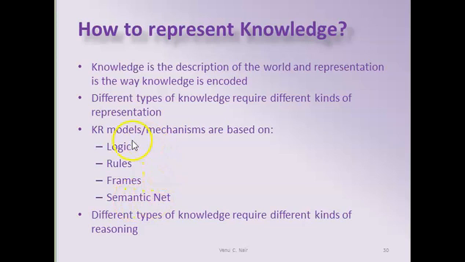These topics will be covered in later sessions. So there are 4 bases for knowledge representation models. They are logic representation, rules representation, frames representation, and semantic net representation. Different types of knowledge require different kinds of reasoning.